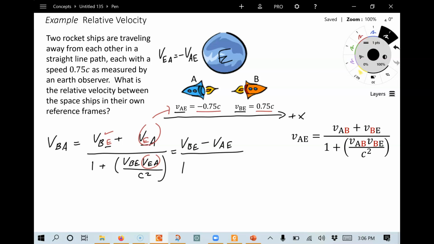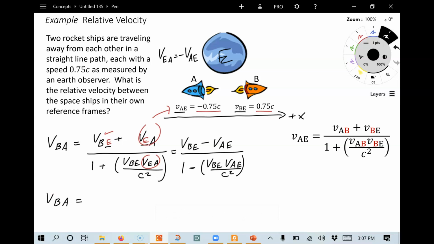I'm going to factor out the minus sign here because remember VBE didn't change, but I flipped this one to AE, hence the minus sign there, and divide by c squared still. So again, follow the pattern, use the flipping subscripts with minus signs, and you can always come up with the formula that you want. At this point, we need to go ahead and just plug in the numbers that we have.